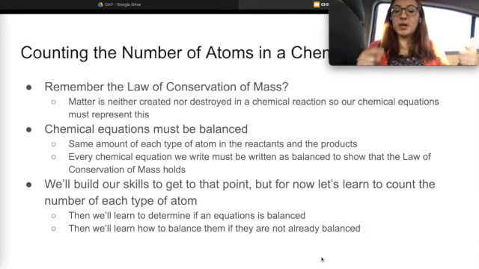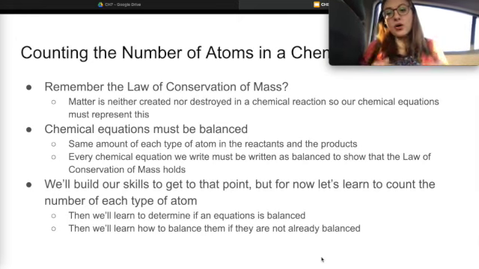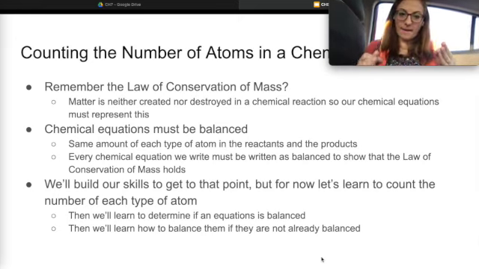Every chemical equation we write must be balanced to show that the law of conservation of mass holds.